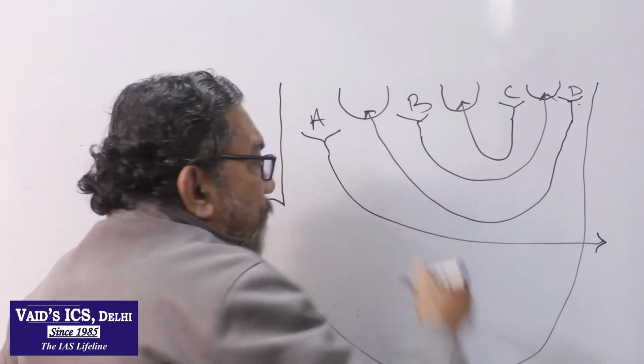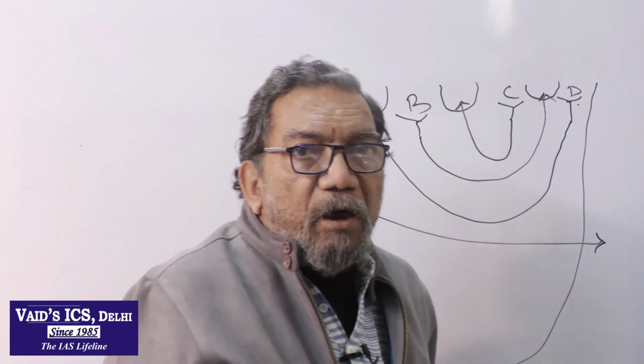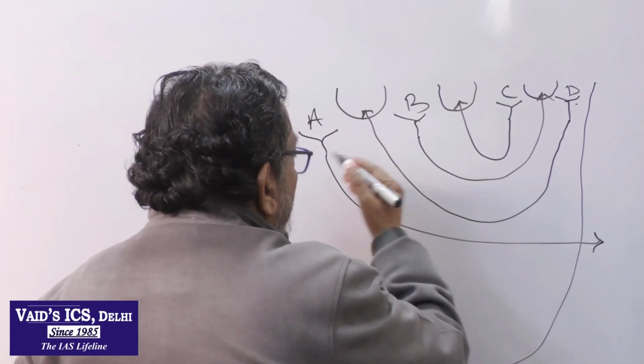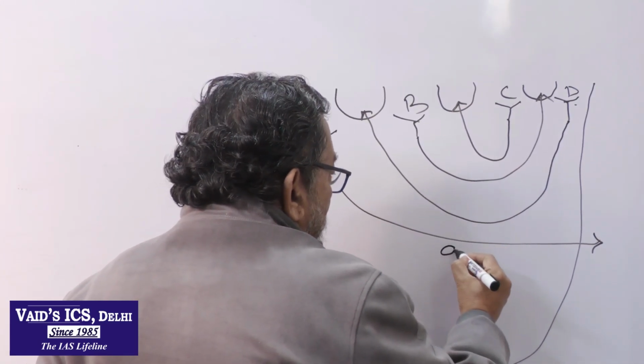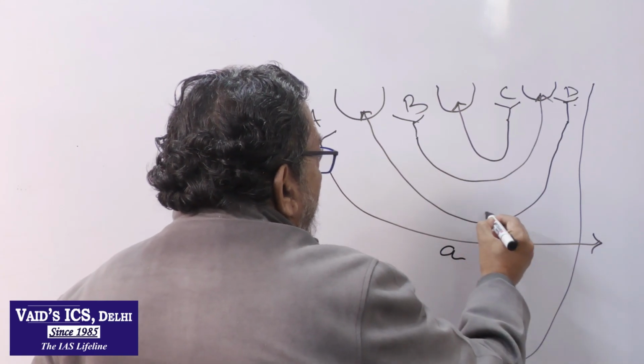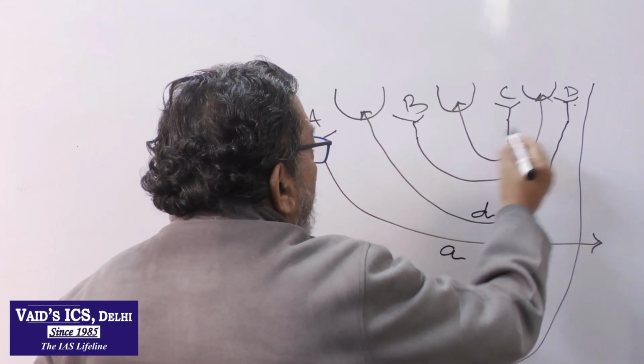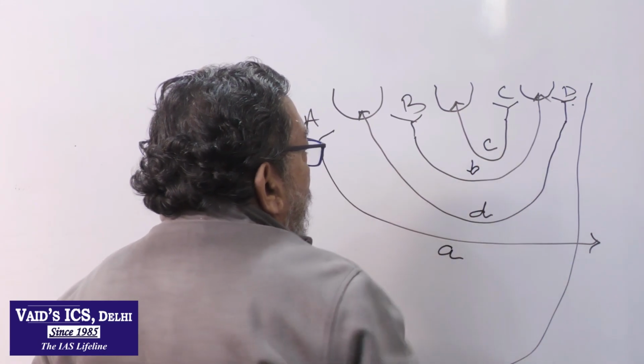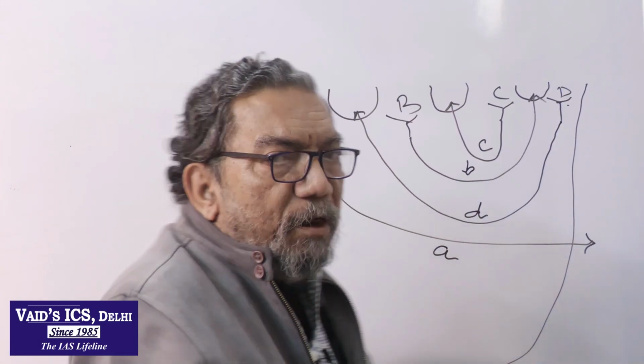And the ridges which start from the triradii form what we call main lines. You have main lines A, B, C, D: triradius A, main line A; main line D from triradius D; main line B from triradius B; and main line C from triradius C.